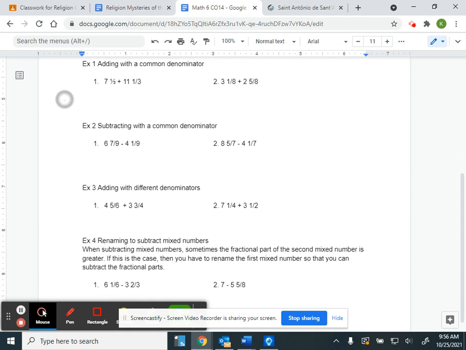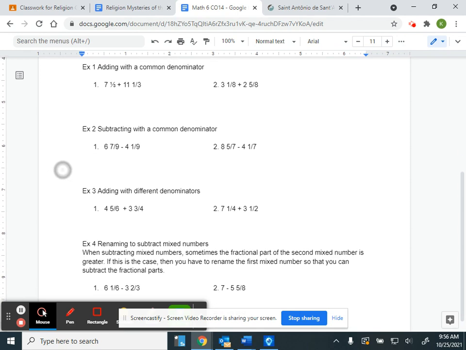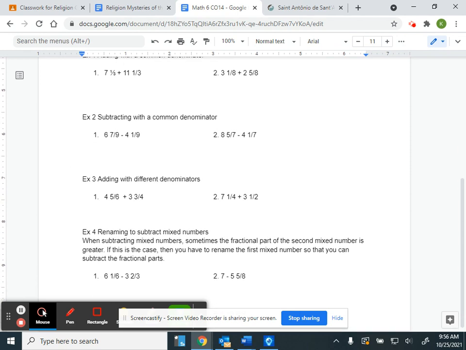So adding with a common denominator. We have 7 and 1/3 and 11 and 1/3. So the first thing I want to look at is my fractions. I have my 1/3 and my 1/3. They have a common denominator, so I can add those two straight up. So 1/3 plus 1/3 equals 2/3.